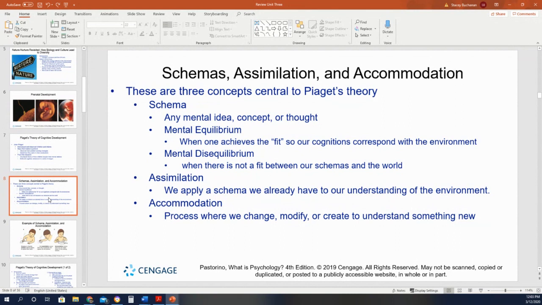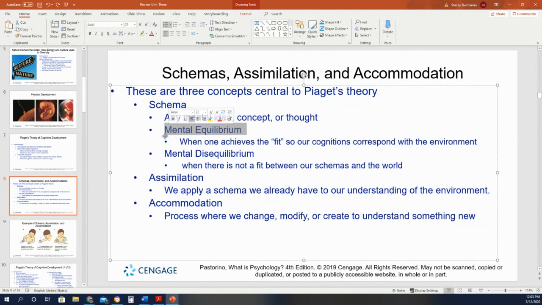As we discussed before, schemas are mental ideas, concepts, or thoughts. And then you use those schemas to achieve mental equilibrium.